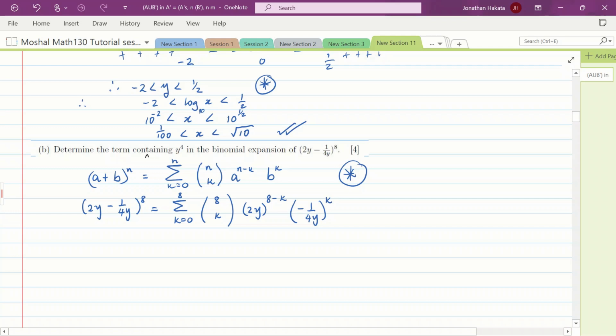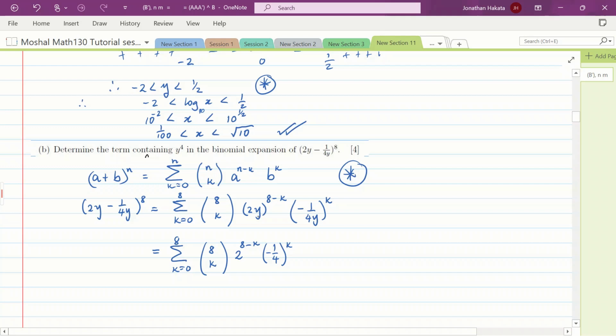Okay? Now, we can try and simplify this slightly. So the summation sign comes back from k equal to 0 up to 8, 8 choose k. Then here, let's take out the constants and variables. So we will have 2 to the power of 8 minus k, multiplied by minus a quarter to the power of k.